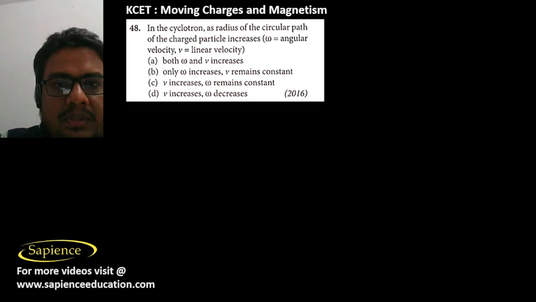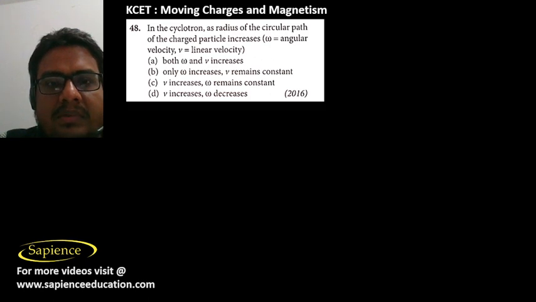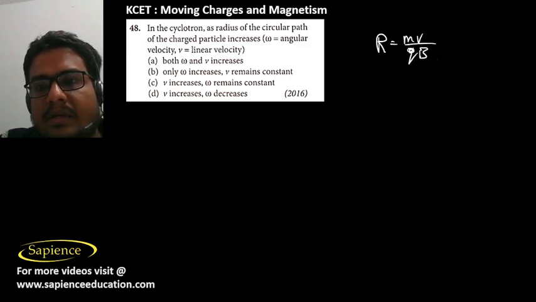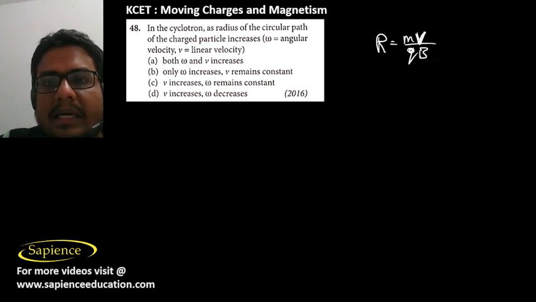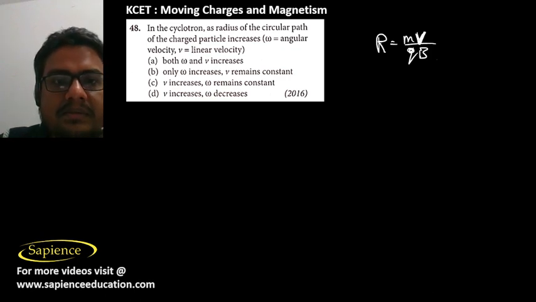In question number 48, it is told, in the cyclotron, as the radius of the circular path of the charged particle increases, omega is the angular velocity, v is the linear velocity. So the radius is given as r equal to mv by qB. Now the velocity is increased at regular intervals, so the radius gets increased.